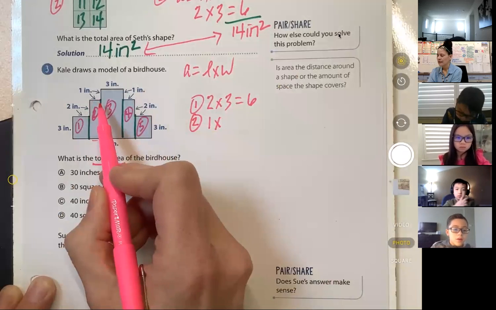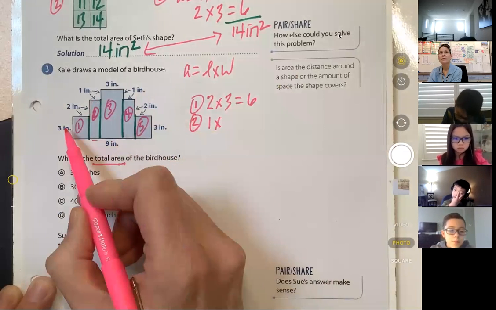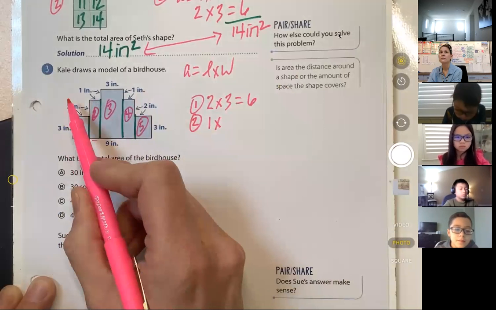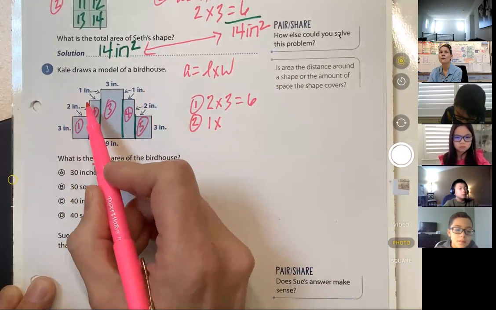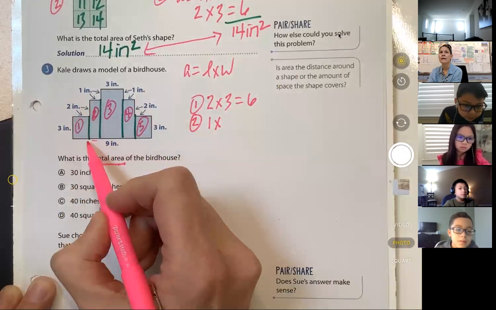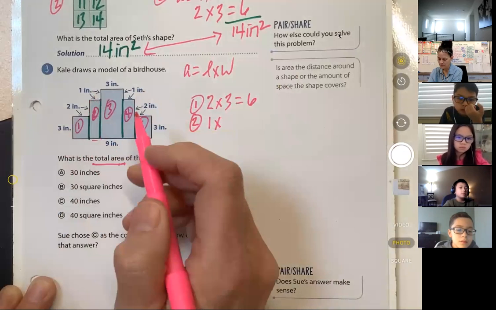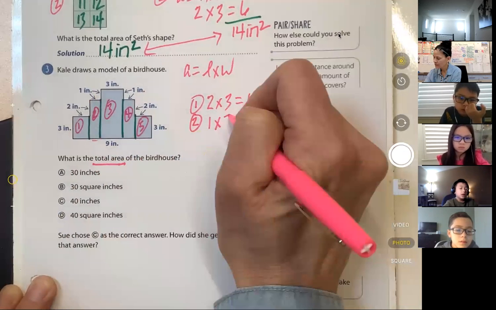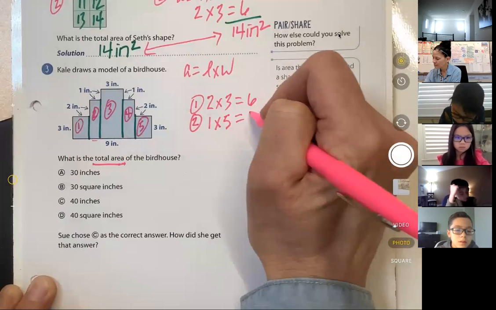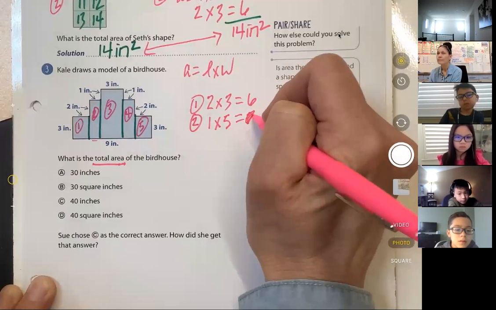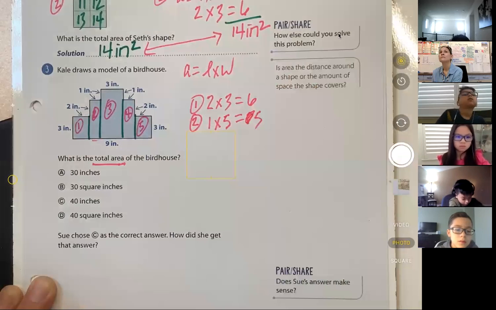Because here's 3 inches, and here's 2 more. This whole width right here is 5, because it's 3 plus 2. And so section number 2, that's 5. All done with 2.